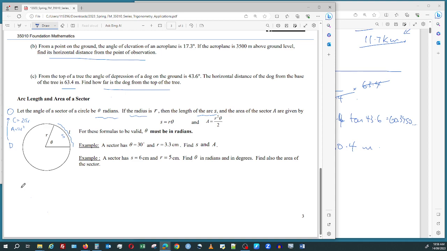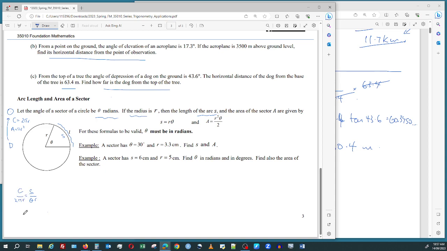The circumference C is to 2 pi r as the arc length S is to theta r. That's how we can use proportions.